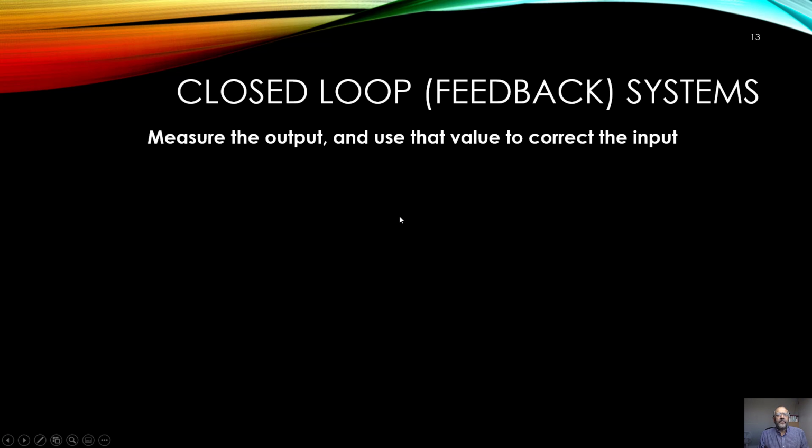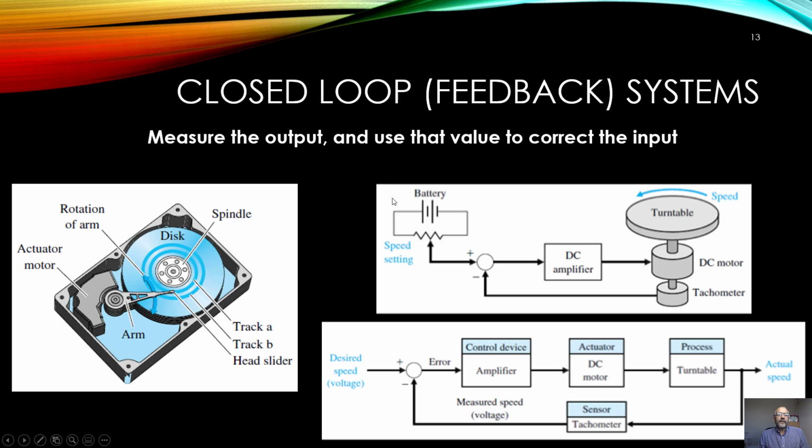So if the speed has to be a certain value, or if you want to keep your car in the middle of the road, you have to make a closed loop system, which means measure the output and use that to correct the input. Like here in our turntable example, we measure the rotation speed of the turntable with a tachometer and feed that back to the input.